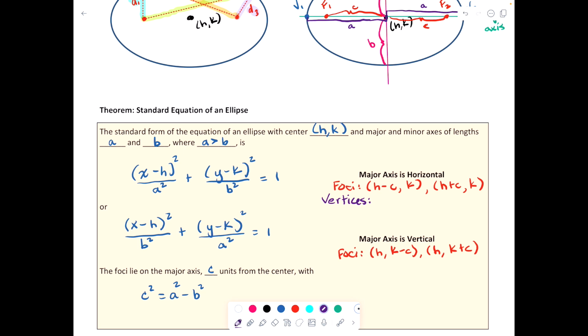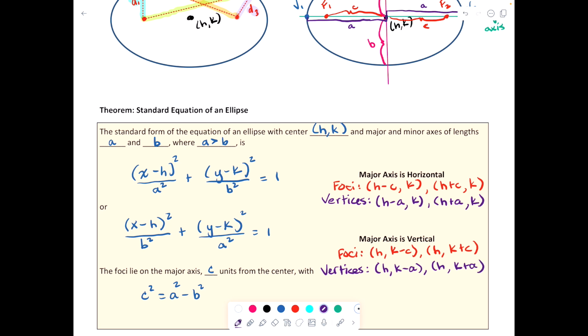When the major axis is horizontal, it's a shift on the h, so you'll have h minus a, comma, k, and h plus a, comma, k. When the major axis is vertical, your vertices will be at h, comma, k minus a and h, comma, k plus a.